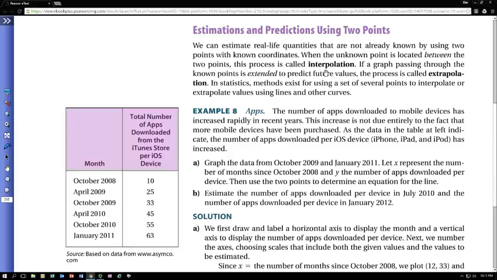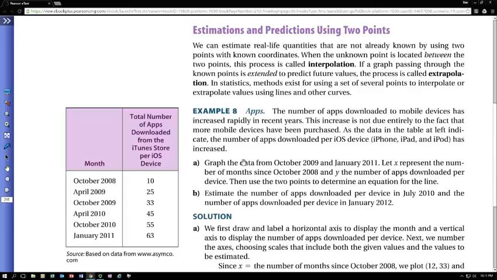That would be an extrapolation. Okay, extrapolation, if I'm saying it right. Or in other words, I'm outside of my data points that I do know the values for. It's on the outside of that. It's farther into the future in this case. That's the difference between these two words.